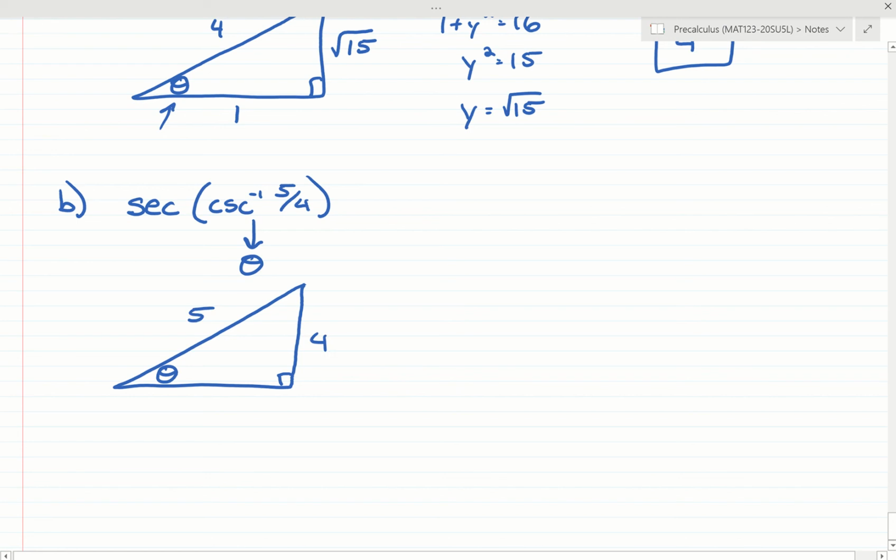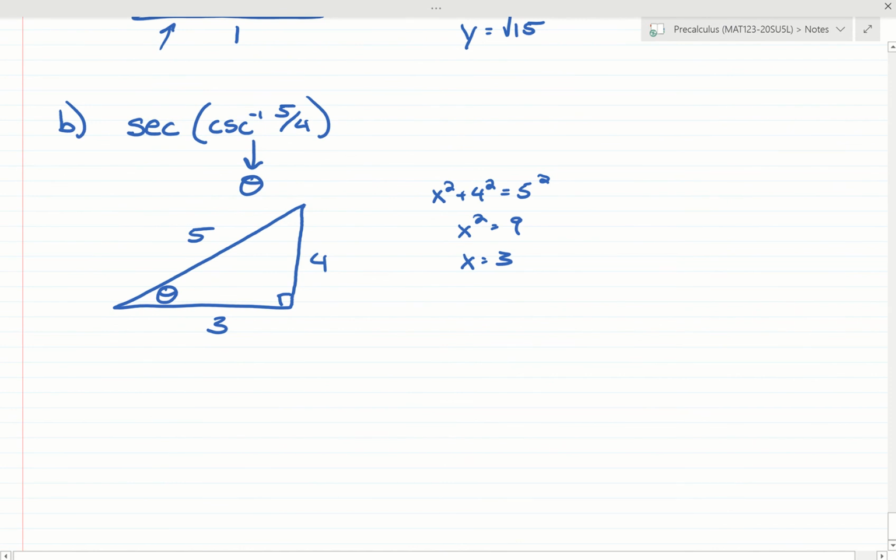So if we were going to find that other side, we could do Pythagorean theorem. 25 minus 16 is 9, so x would be 3. And now we're looking to find the secant of this triangle that we just drew from the inverse cosecant. Well, the secant would be hypotenuse over adjacent, so our answer for this would just be 5/3.